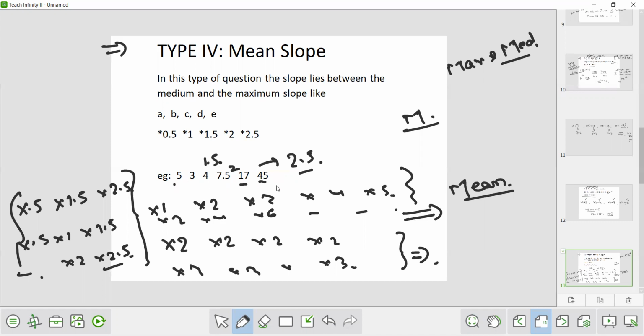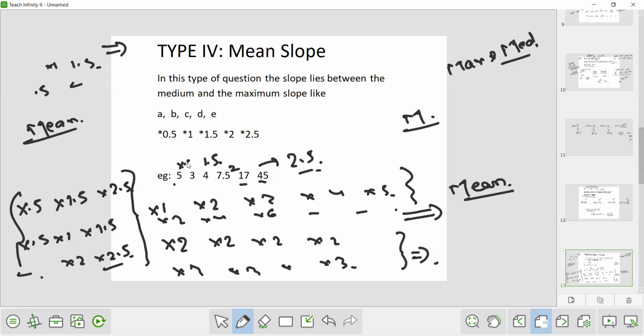So from here, we came to know that if any slope is of the type 2.5, 2, it is of the nature of mean slope, meaning either it will start with 0.5 or it will start with 1.5, like this. So now just look at the start. It's 5, then 3, then 4, then 7.5. After 5 the number gets decreased and it comes to 3, so it is near about half.